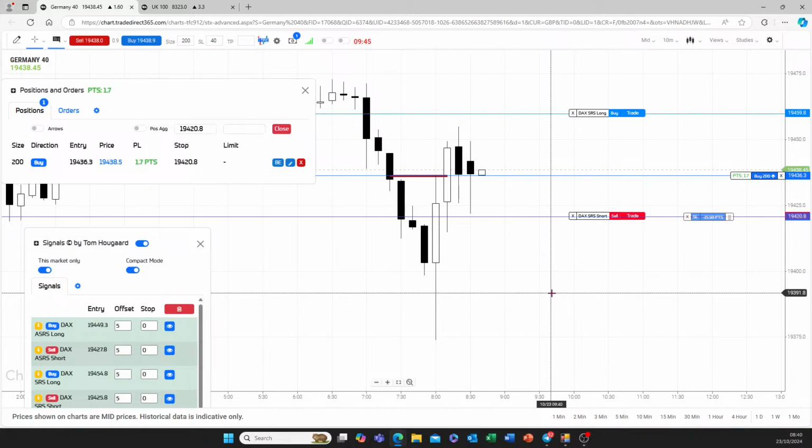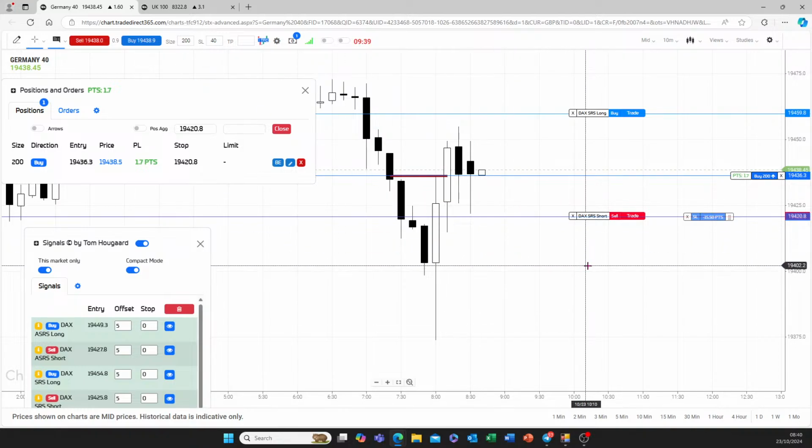If I was trading with a broker with larger spreads, see the spread here is fixed 0.9, the broker probably would have stopped me out.